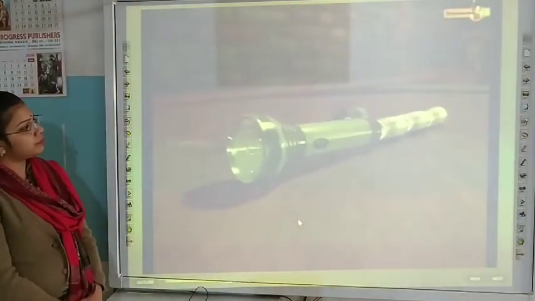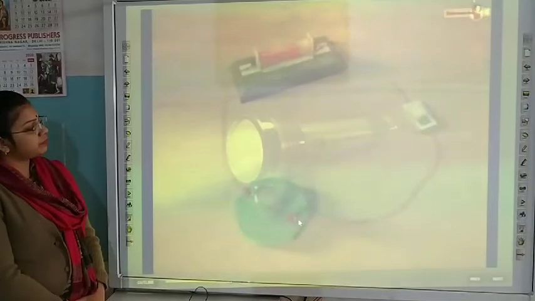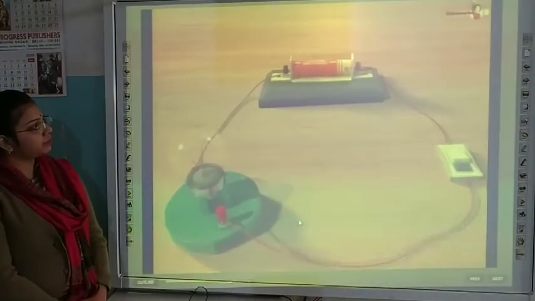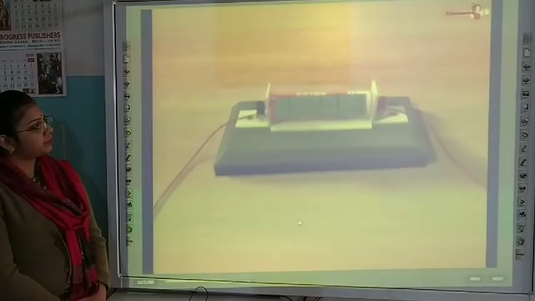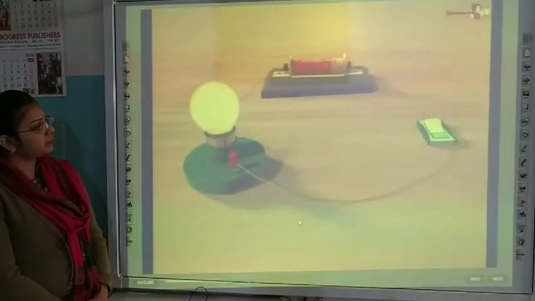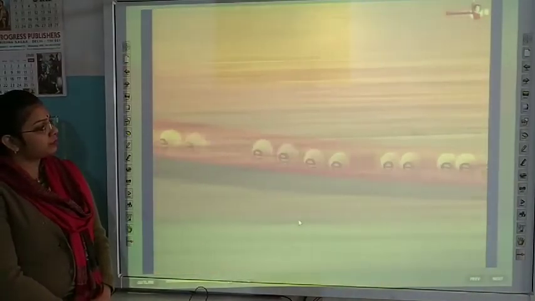It is one of the sources of electrical energy. In an electric circuit, electric cell converts chemical energy into electrical energy. It pumps electrons through electric wires.